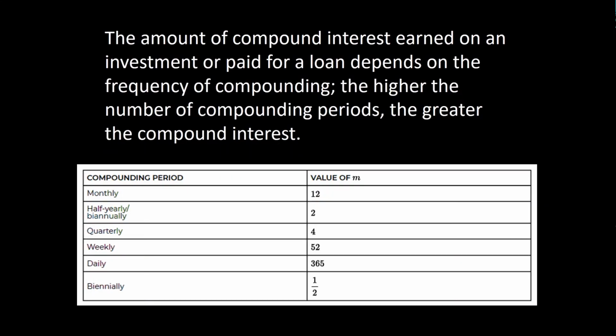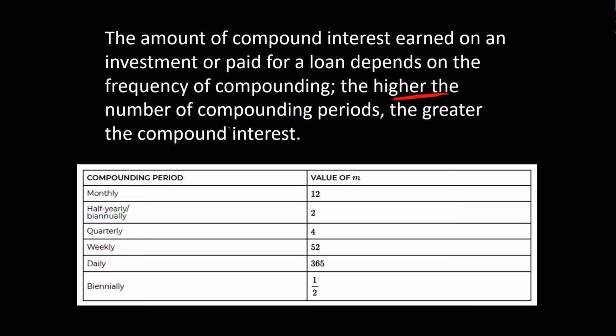Now, the amount of compound interest earned on an investment or paid for a loan obviously depends on the frequency of compounding. Like we said, it can be annual, monthly, quarterly, etc. What we need to remember is that the higher the number of compounding periods, the greater the compound interest is.